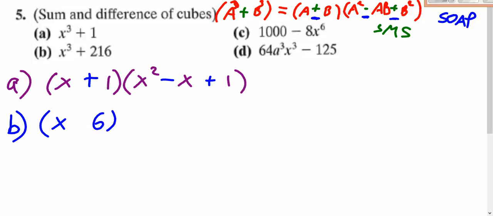Right? And then the back, the trinomial part, the 3 terms, squared. So x squared. Multiply them together, 6x, and squared. And you go in and fill in the signs. Same sign, so it's positive. Opposite sign, negative, and always positive.